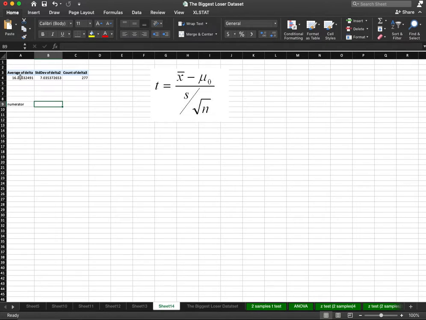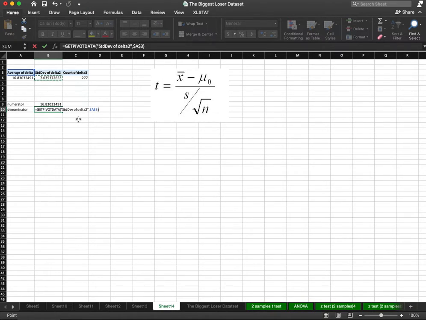So it's going to be equal to this, that's x bar, minus our mu is 0. Okay, and our denominator is s divided by the square root of n, so that's standard deviation divided by square root of n.